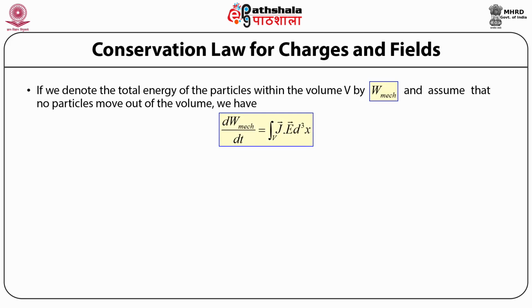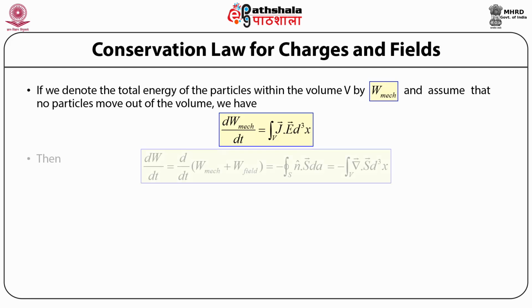The time derivative of W subscript mechanical is equal to the volume integral over d cube x of the dot product of the current density vector J and the electric field E. So using this definition of the rate of mechanical work done, we can then write down the rate of total work done as the derivative with respect to time of the total work done W is equal to the derivative with respect to time of the work done subscript mechanical plus the work done by the fields denoted by W subscript field, and this is equal to minus the surface integral over the surface area element dA over the surface area vector n dot the Poynting's vector S.